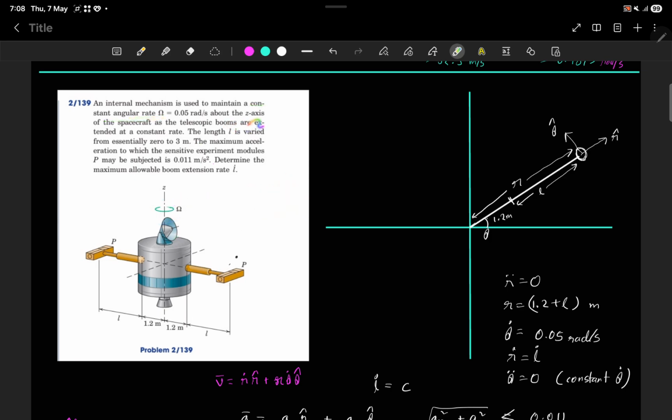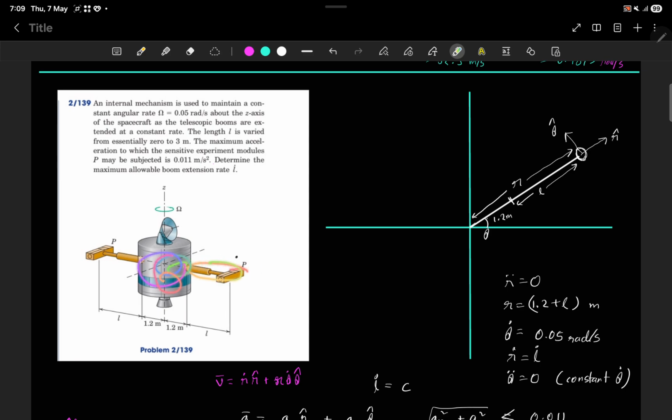Okay, and it is given that the telescopic booms, this is the telescopic boom, are extended at a constant rate. So first read this one also. The length L is varied essentially from 0 to 3 meter. So at the initial position, this entire thing was not there; this was inside this.